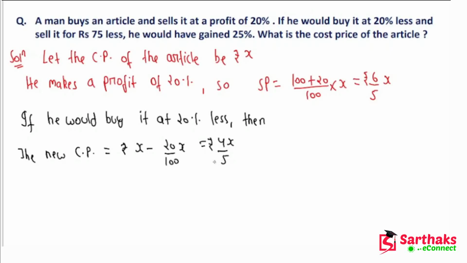Now if he would sell it for rupees 75 less, then we have to find the new selling price. Okay, so the previous selling price was this. Now it says that he is selling it at rupees 75 less.